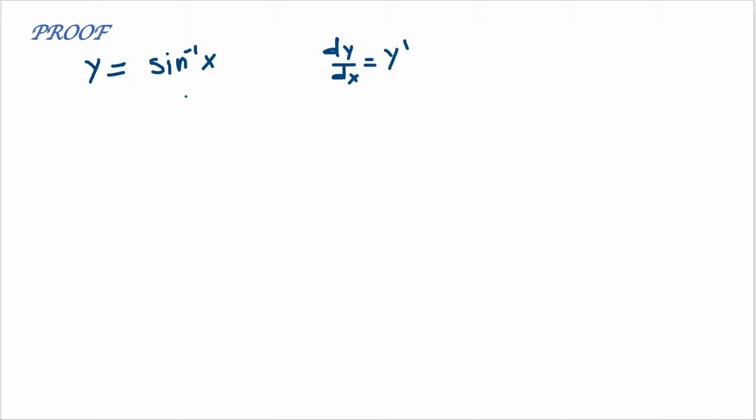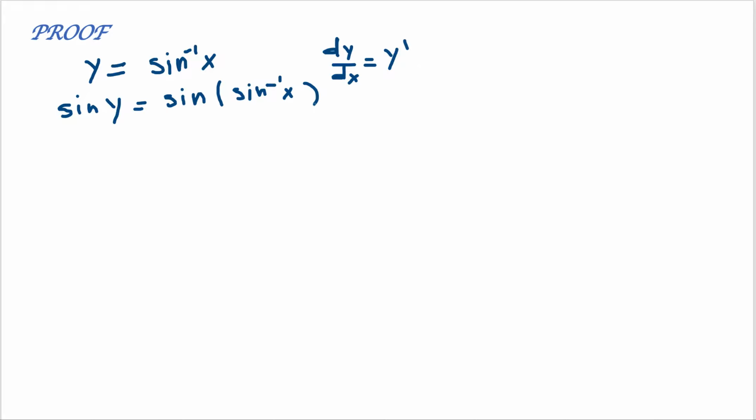So now what we want here, we are going with the sine on both sides. Let me go here, sine y is equal to the sine of inverse of sine of x.